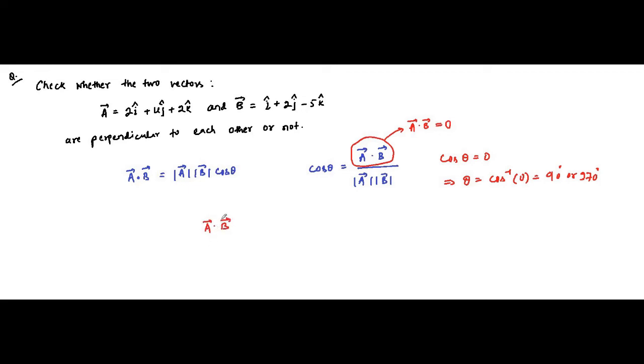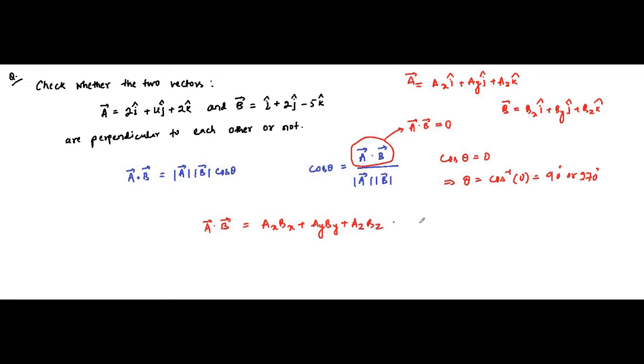Whenever we have two vectors, A vector expressed as ax i cap plus ay j cap plus az k cap, and another vector B vector expressed as bx i cap plus by j cap plus bz k cap, then A vector dot B vector is simply the sum of the products of the x, y and z components respectively, ax bx plus ay by plus az bz.